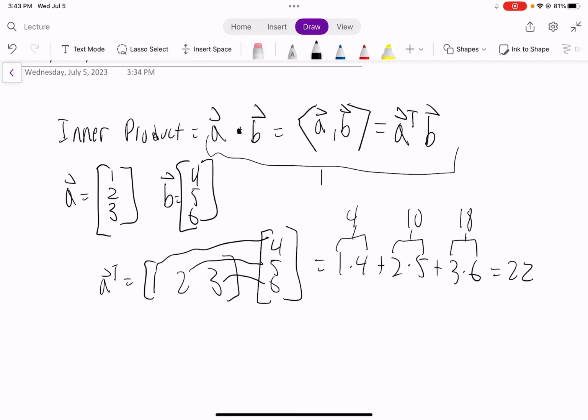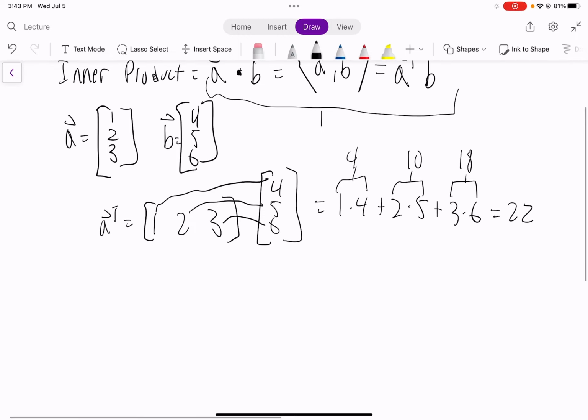But let's think about it for a second, okay? How can we write this in a different way so we can explain why it's called an inner product? Well, what are you doing here? We're adding and we're multiplying two things. So what do we write when we have a summation? How many times are we summing? Well, we're summing it twice, but we have 3 elements.